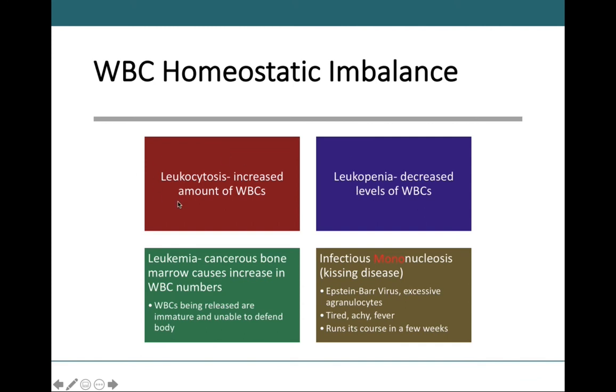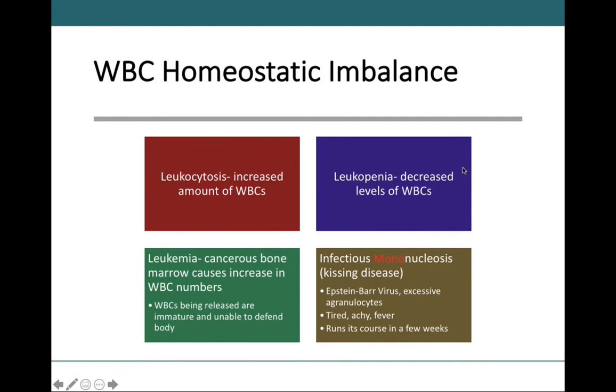Leukocytosis is a condition which refers to our white blood cell levels being increased. And leukopenia is a condition which is the opposite, that refers to decreased levels of white blood cells. If there are pathogens that have made their way into one of our body's systems, it's normal for our white blood cell counts to increase as we need to make more white blood cells to fend off those invaders.